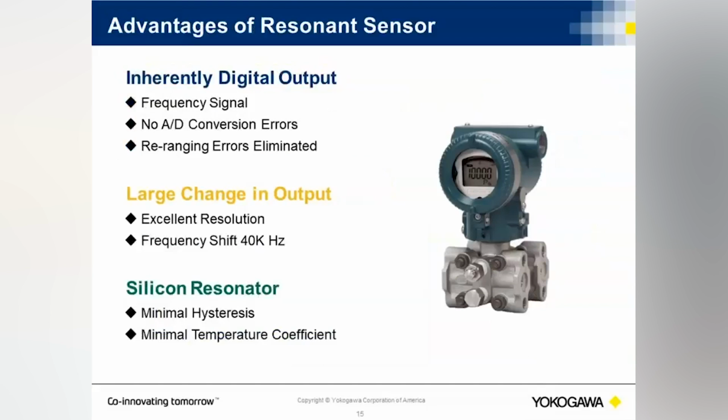So some of the advantages of silicon resonant sensors over the other two types discussed earlier: there's lower temperature effects and better signal-to-noise ratio at digital output and a stable signal, fewer analog-to-digital conversion errors, as well as minimal hysteresis.